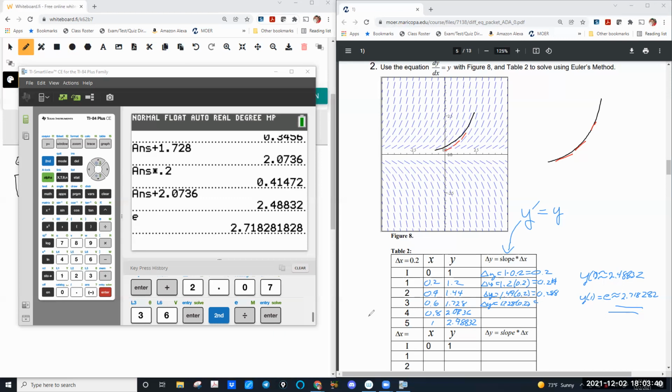Questions at this? So just to get a gauge, how are you feeling about Euler's method?